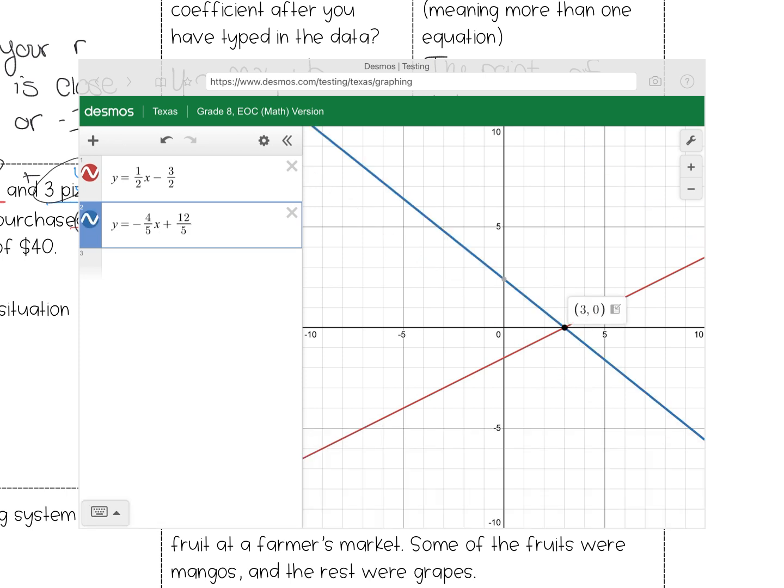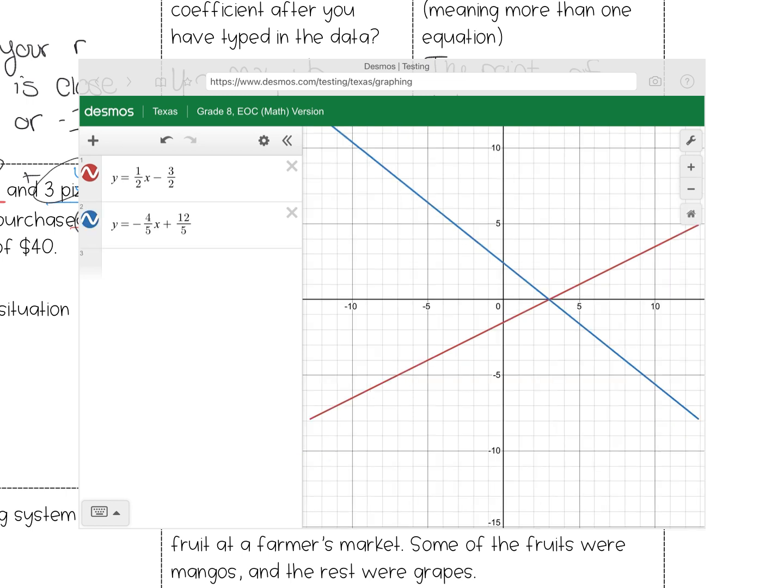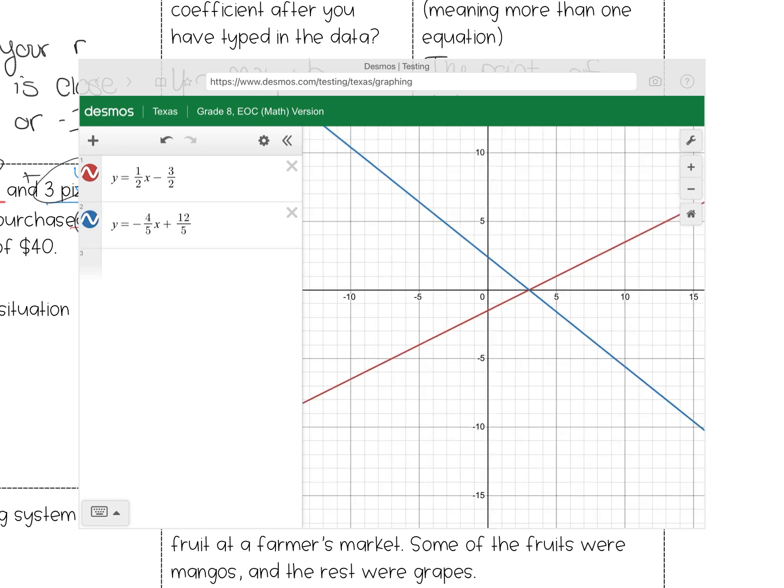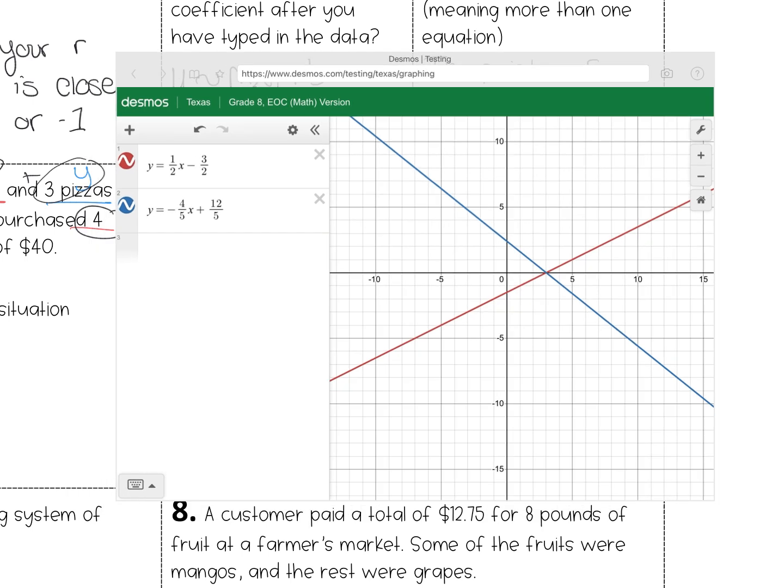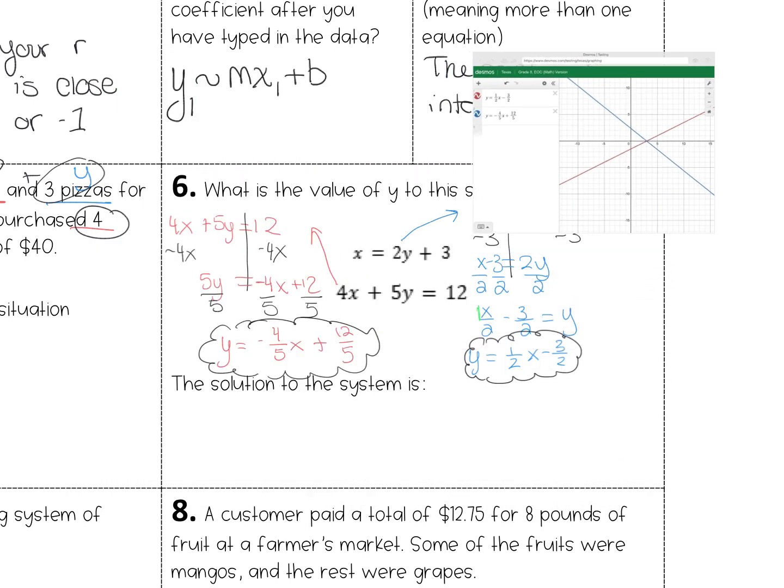And then when you touch right there where they intersect, that is your answer. And so my answer to this would have been the point of intersection, which was 3, 0.